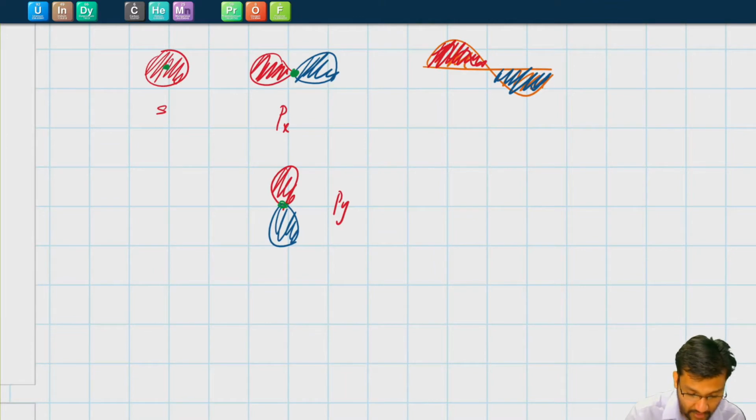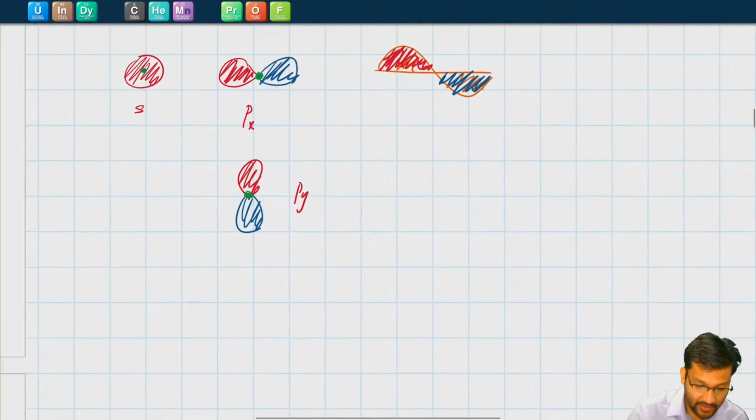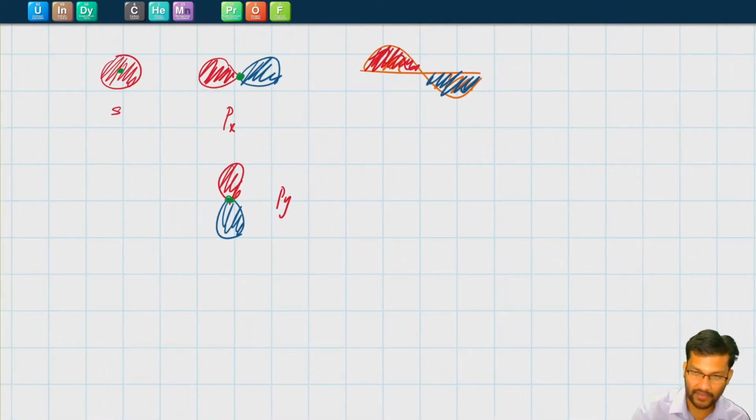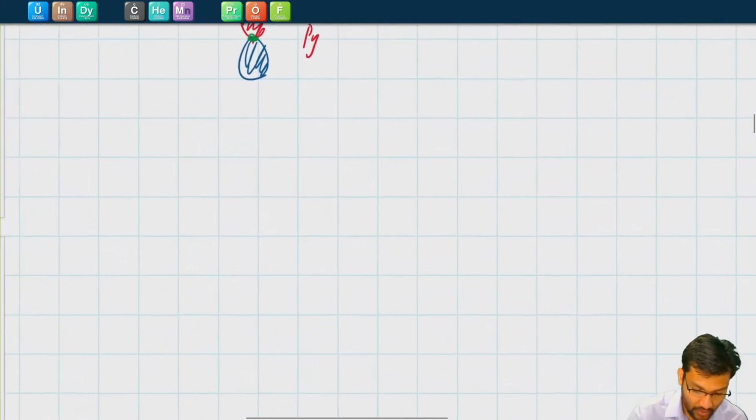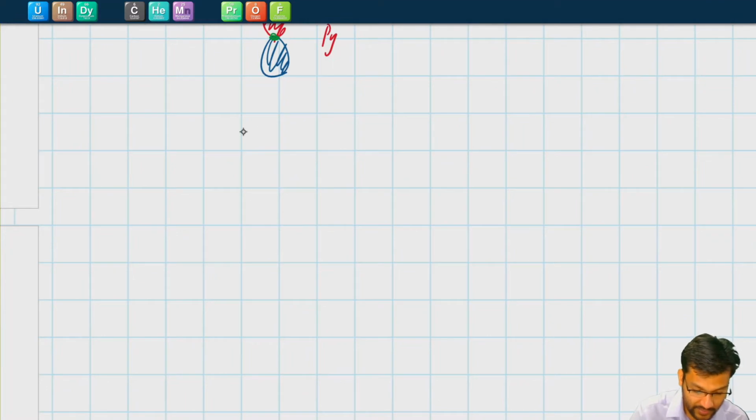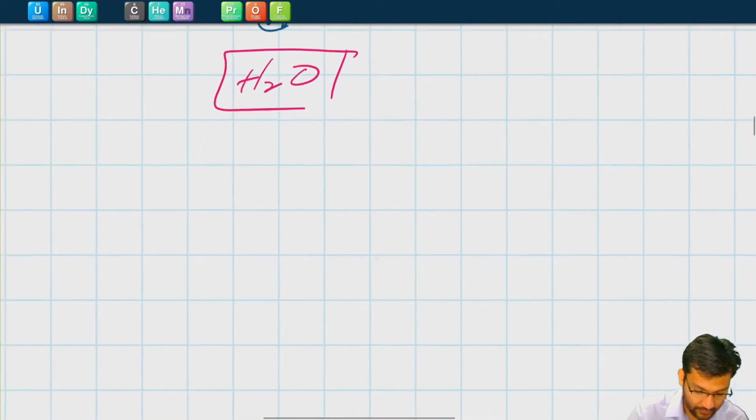So these are atomic orbitals, and we talked about how when atoms come together to form molecules and form covalent bonds, they share the electrons. So they're shared electrons that are in these orbitals. Let's look at an example of atoms coming together to form the molecule of water, H2O.